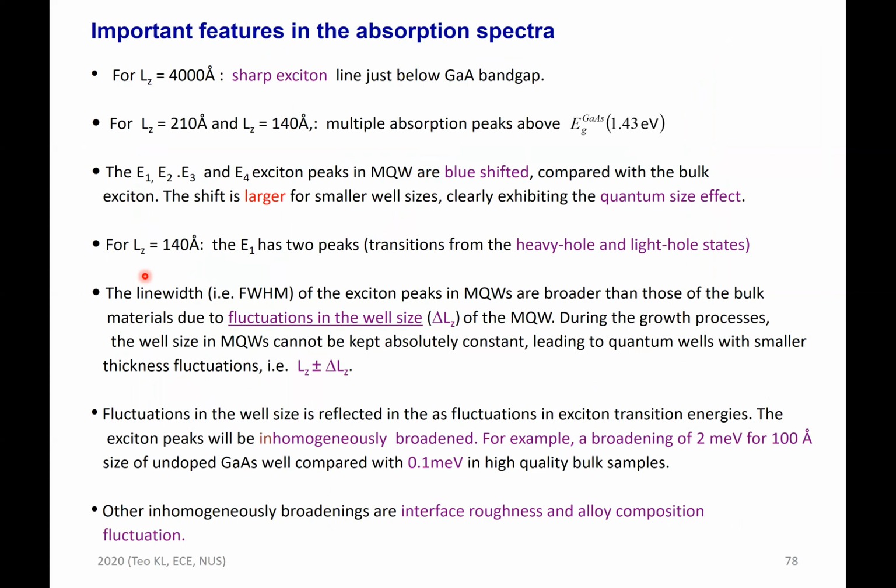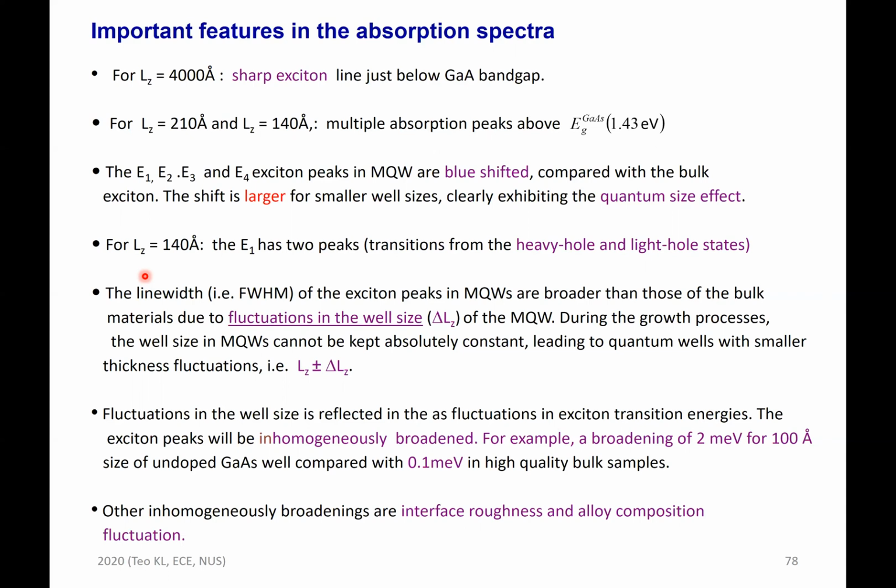Of course, there is also a broadening effect in bulk semiconductors because your electron will collide with the lattice, and that also contributes to the broadening of the exciton peak. Whereas your exciton moves inside a semiconductor, it will collide with lattice vibrations, or collide with phonons.